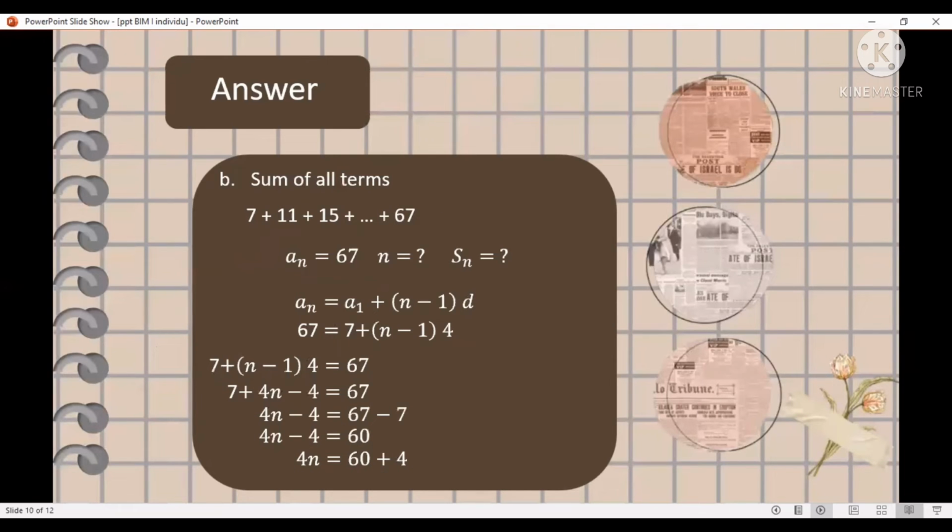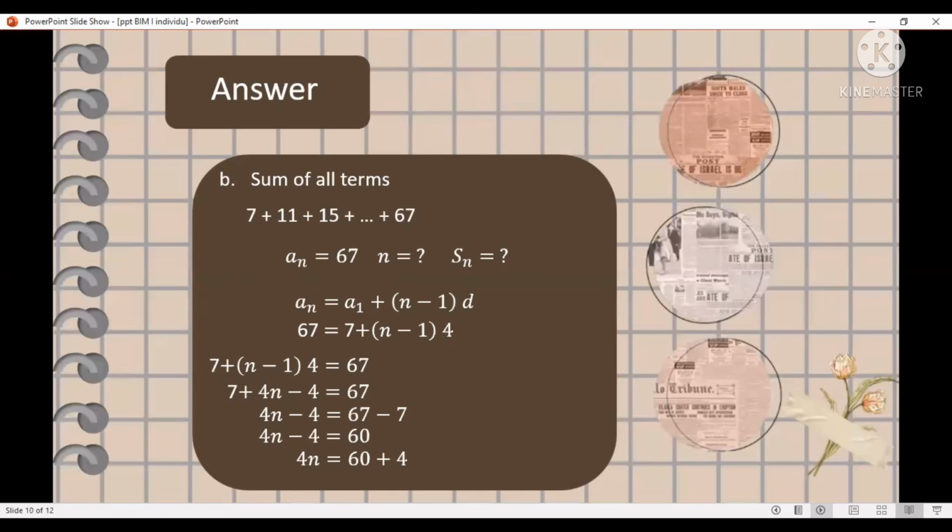Then the last question is the sum of all terms. So we will find the sum of all terms. This 67 is from the question, but we do not know which term 67 is. So what we are looking for is Sn.